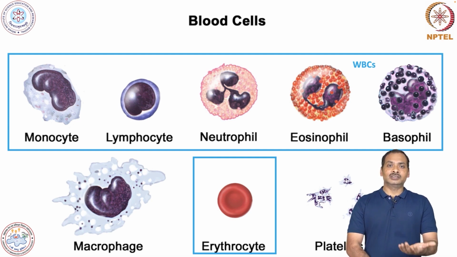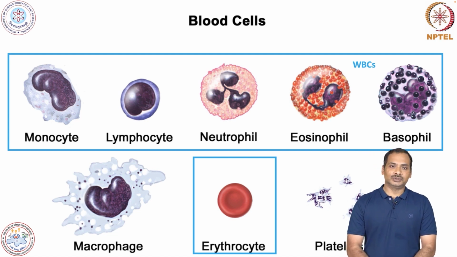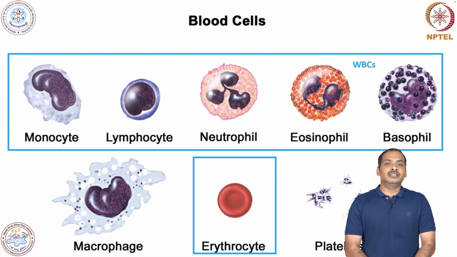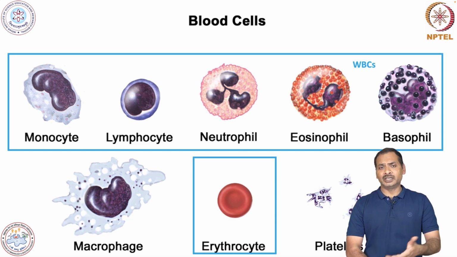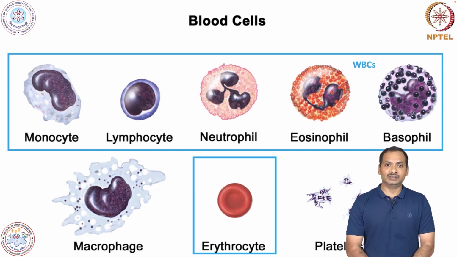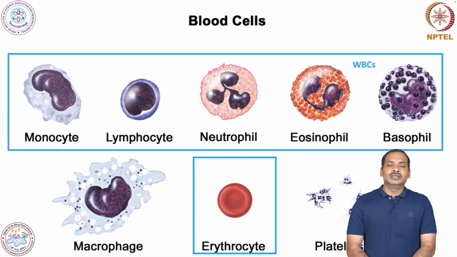These RBCs take oxygen from the lungs and deliver it to all tissues. And they also take carbon dioxide from tissues, and this carbon dioxide is released from the lungs. Okay. So you know this very well, right? From the beginning you might have studied.